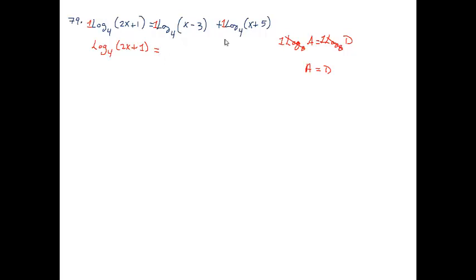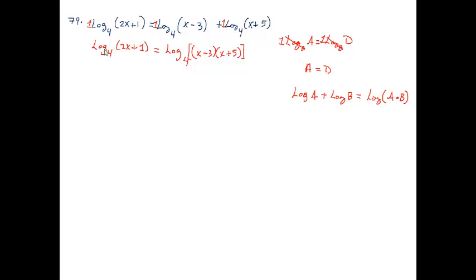Okay, so now we need to condense the right side. So we remember that log of a plus the log of b is the same as saying the log of a times b. So this becomes the log base 4 of x minus 3 times x plus 5.